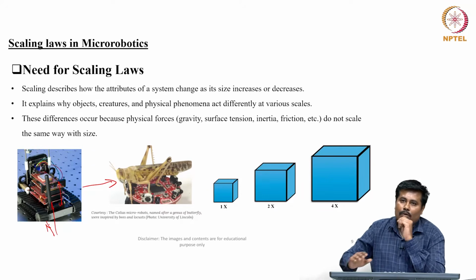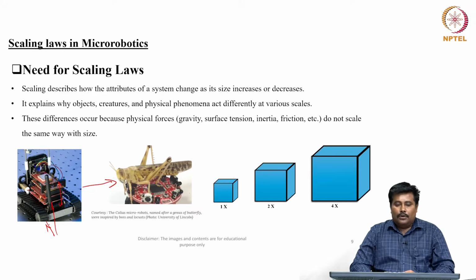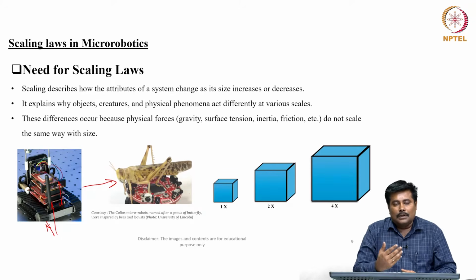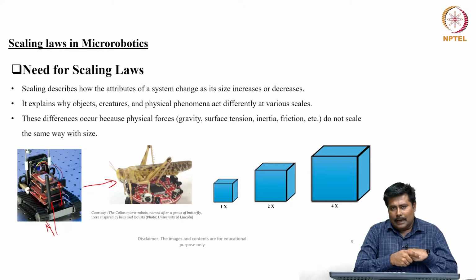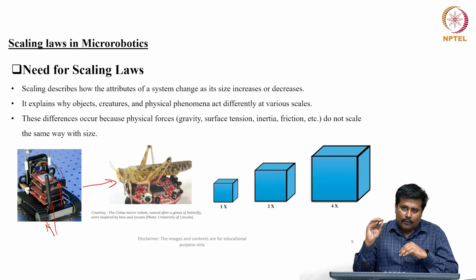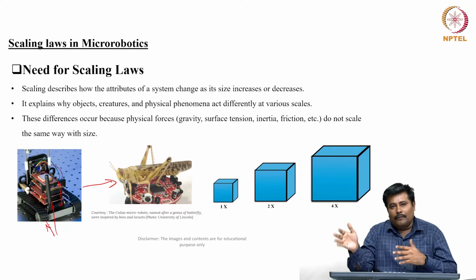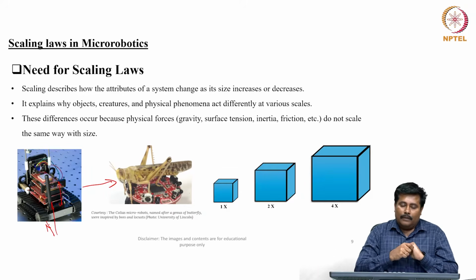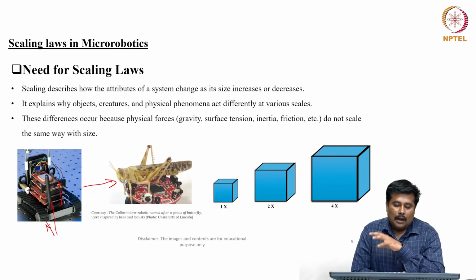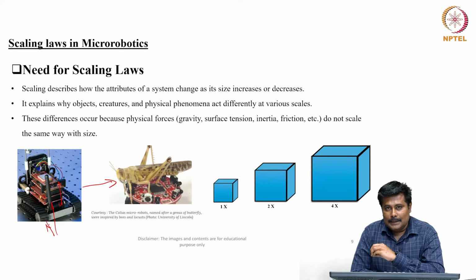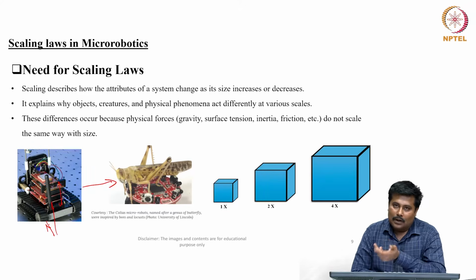The main motto of this particular module is to give the participants the necessary exposure to the different scaling laws and the parameters involved in the scaling laws. We have selected a few specific domains, and we will be discussing the scaling laws implemented for this particular domain. When we talk about scaling laws, these scaling laws describe how the attributes of a system change as its size increases or decreases.